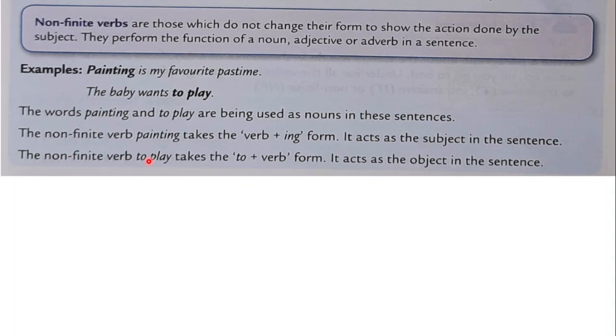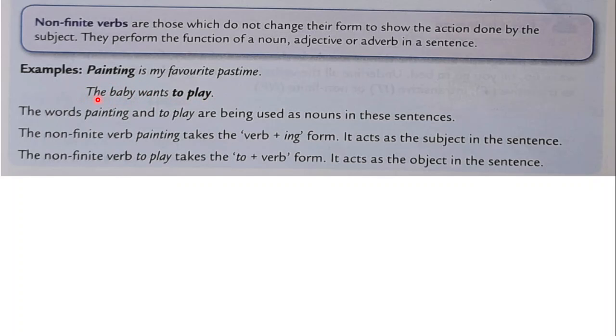The non-finite verb "to play" in the second sentence takes the form to plus verb. It acts as the object in the sentence, because we have the subject and the other part is the object.